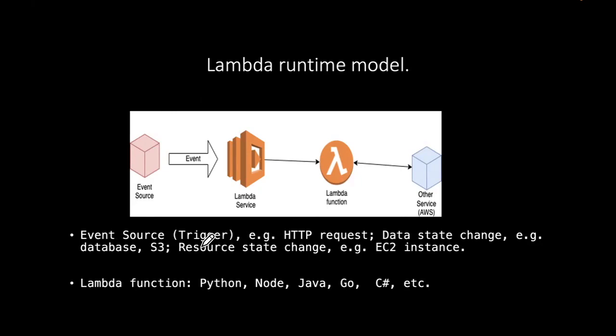An EC2 instance goes through some sort of state change, and that triggers our Lambda function to execute as a result of that. We certainly won't see that, but the idea of a HTTP request hitting our Lambda service will cause the Lambda service to trigger the execution of our Lambda function.